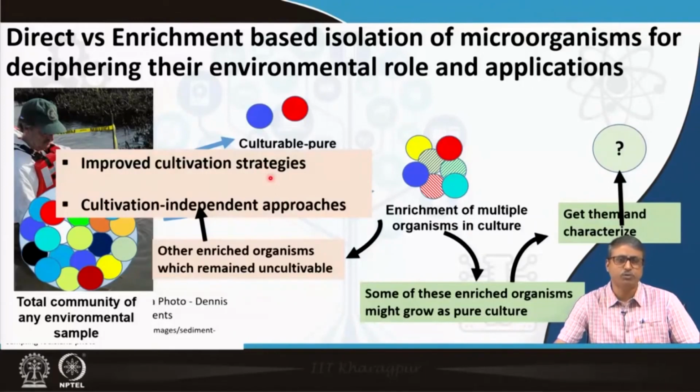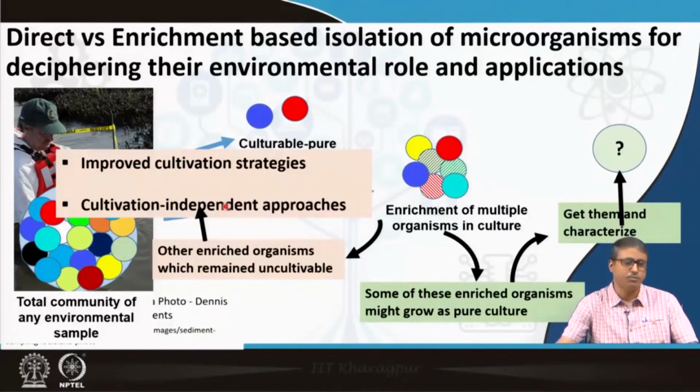That means, by looking into the literature, the process and the conditions, we need to think about how we can help the microbes to grow better. What substrates and what conditions should we provide so that a larger number of organisms can be grown?